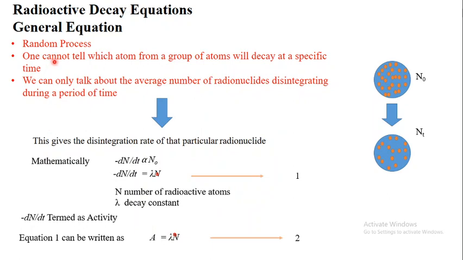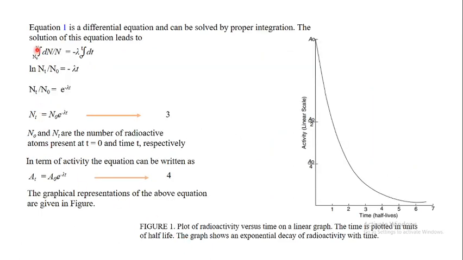Come to this equation now. Again, this is called activity. Equation 1 is a differential equation and can be solved by proper integration. Taking the integration of equation 1, we get log Nt over N naught.